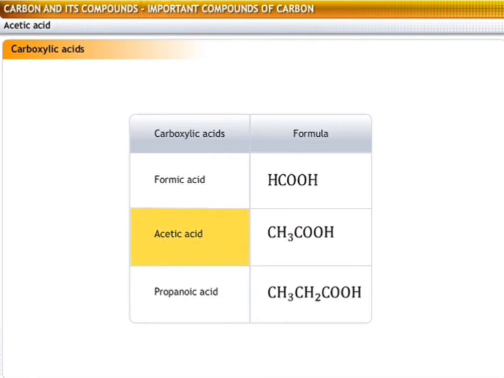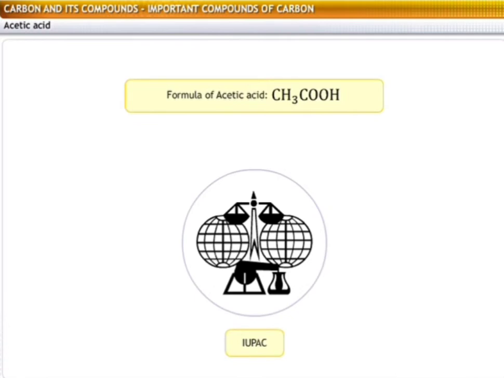Acetic acid is a member of the family of carboxylic acids. The molecular formula of acetic acid is CH3COOH. To begin with, let's analyze the formula to derive the IUPAC name for acetic acid. Acetic acid has 2 carbon atoms.